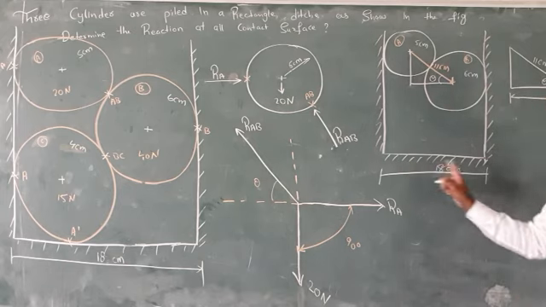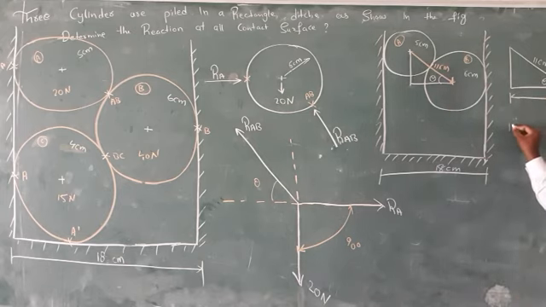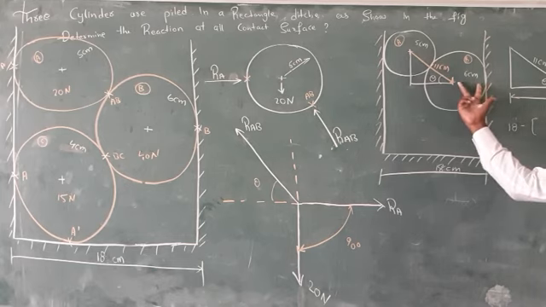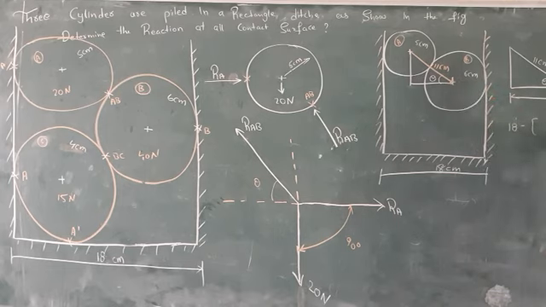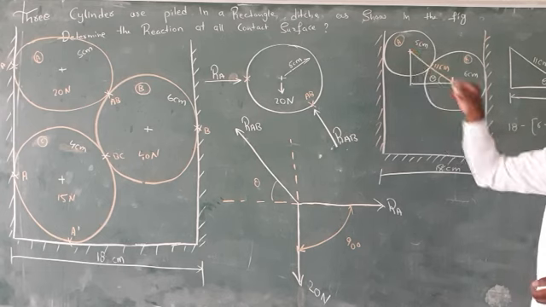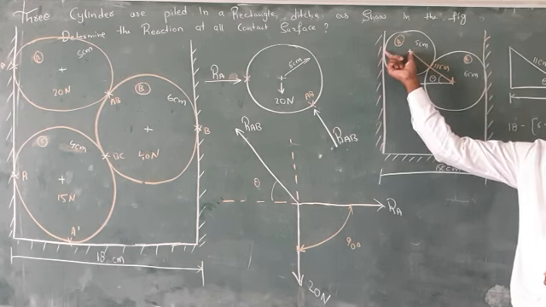Total is 18. From 18 you have to subtract. What do you have to subtract? From here to here it is 6, plus from here to here it is 5.